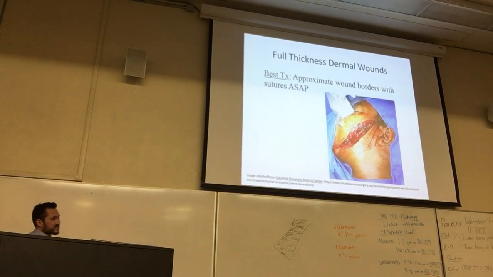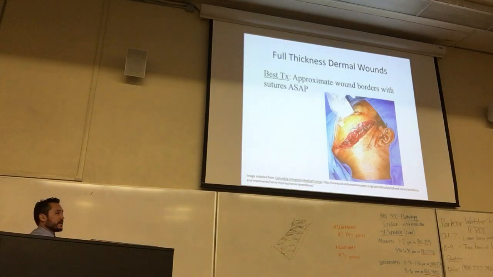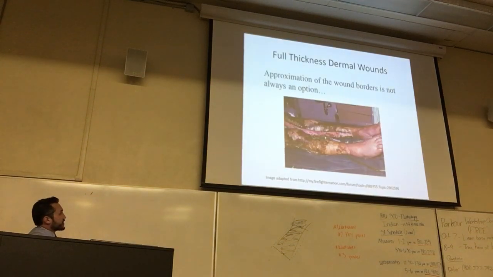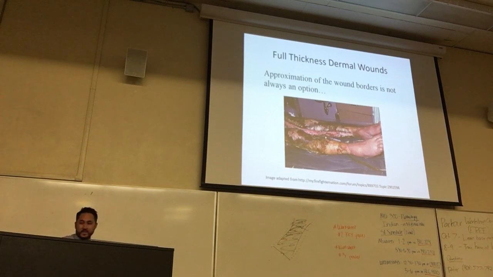But what happens, this is an even worse graphic picture, it may not be as bad on your little printouts, it's more pronounced on the big screen, okay? Is what if you can't approximate the wound borders, okay? So this is the burn situation you asked about earlier. There is no approximation that's going to be available in this situation.